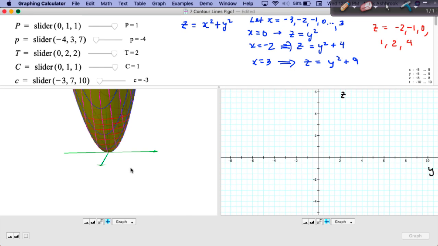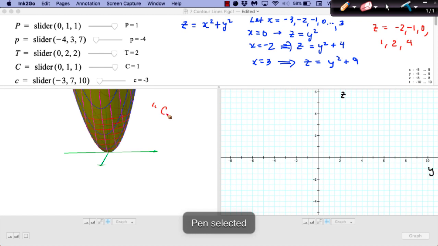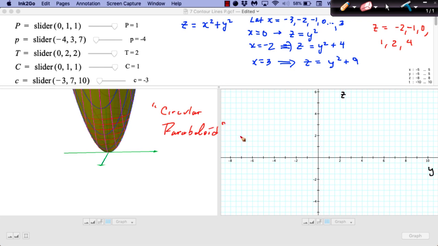It's parabolic in x and z and in y and z, and the horizontal cross sections are circles. So this is called a circular paraboloid.